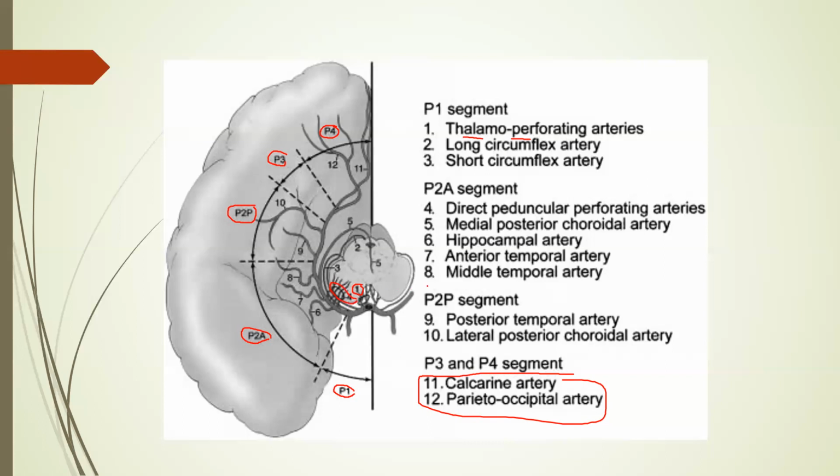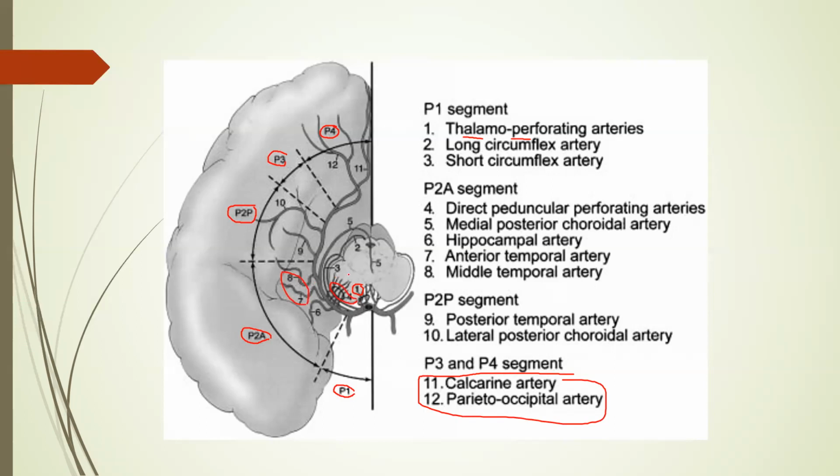You can see these 4 very important perforating arteries which supply the cerebral peduncle. Then you have the anterior and the middle temporal arteries, which are 7 and 8. So basically it covers the peduncular supply and the predominant temporal supply, I would say the functional temporal supply.